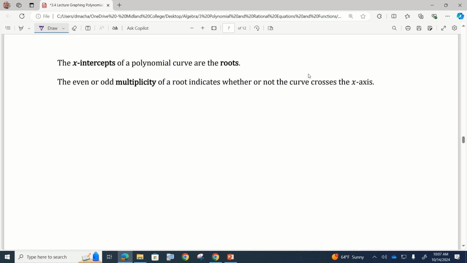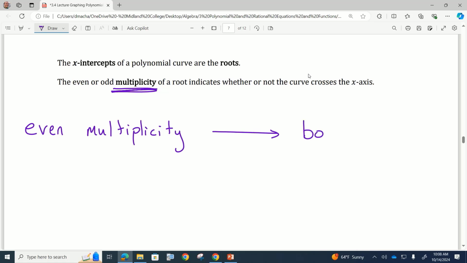But moving on, the x-intercepts of a polynomial curve are also the roots of the polynomial. And let's talk about multiplicity. If a root has even multiplicity, we're going to say that the curve is going to bounce.